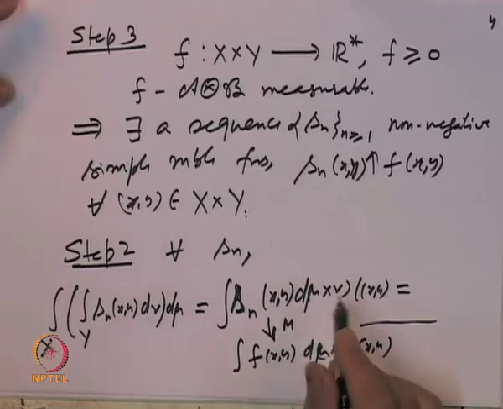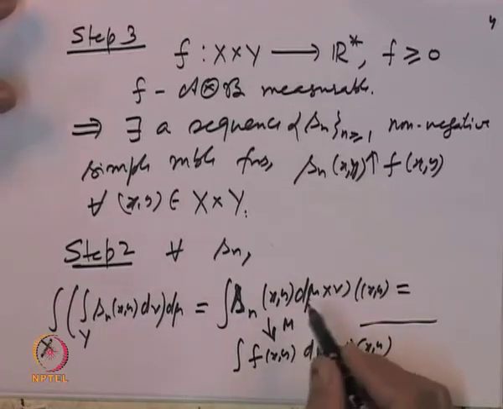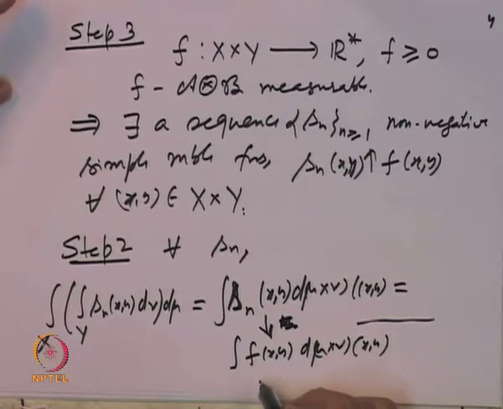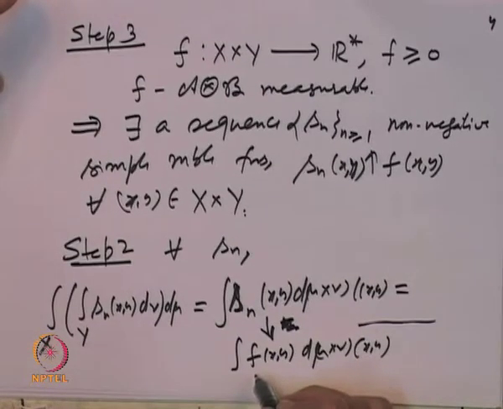This is not really the monotone convergence theorem. This is actually the definition of the integral. If f is a non-negative measurable function, then its integral is defined as the limit of any sequence of non-negative simple measurable functions increasing to it. So, that is by the definition.